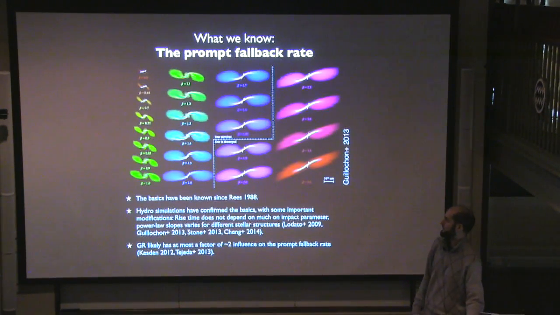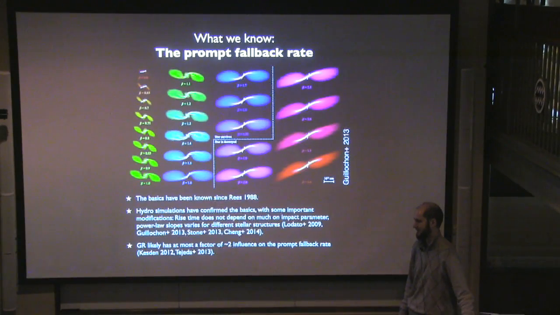Okay, so this is an ensemble of simulations that I ran in a paper that I put out a couple years ago. It's just a polytrope, different impact parameters shown here with the different colors. This just verifies that you get fallback curves that roughly fall as t to the minus 5/3, which people have calculated and known since the late 80s, and multiple other authors have come to the same conclusions now.